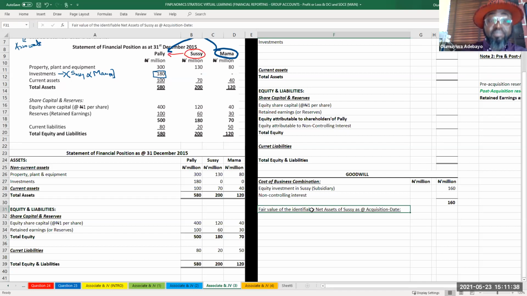And from the left-hand side, or from the right-hand side, we have the share capital of Susie as at acquisition.